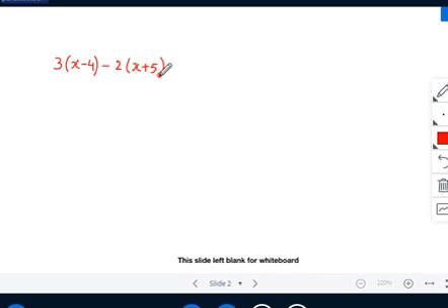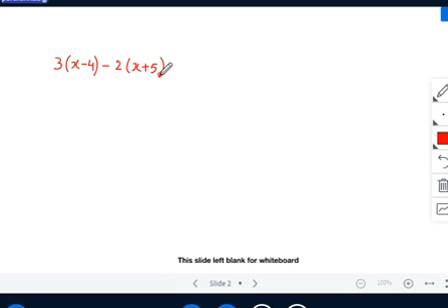So it will first be 3x minus 12, minus 2x plus 10.